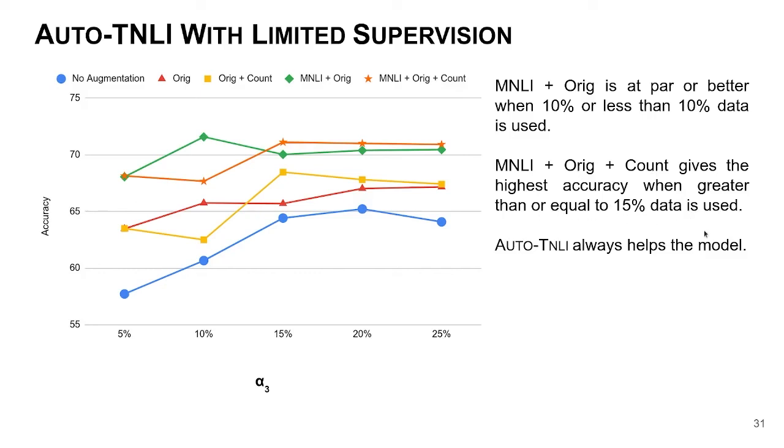One thing to note is that the AutoTNLI data, that is original and original plus counterfactual, helps the model give a better accuracy than no augmentation in all of alpha 1, alpha 2 and alpha 3.